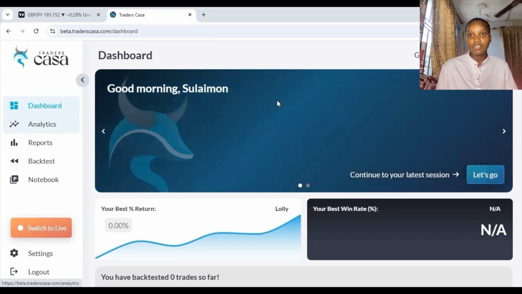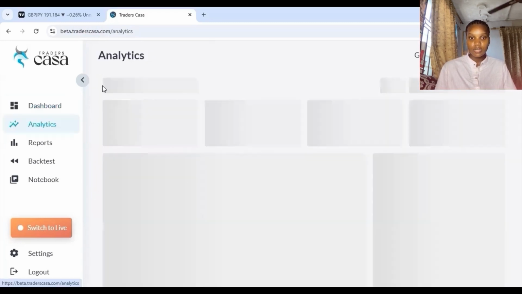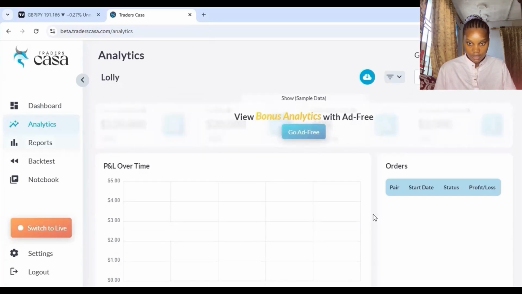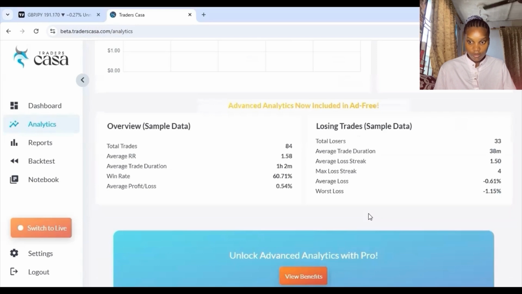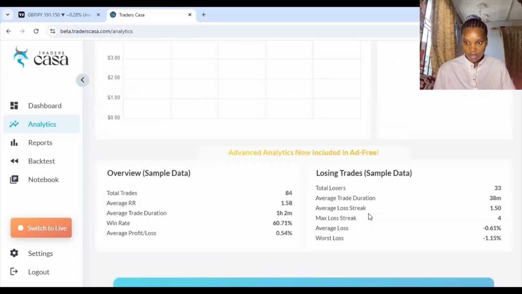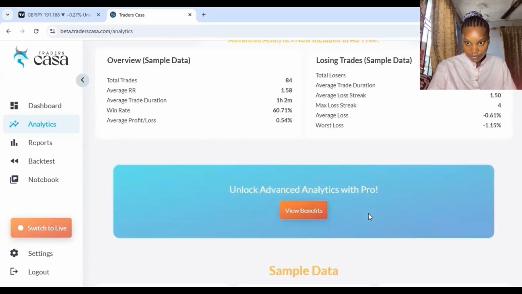So let me just take you through what the interface looks like on Traders Casa. This is the dashboard. Then there's the analytics, which gives you your total data, your overall profit and loss, trades, and all of that.